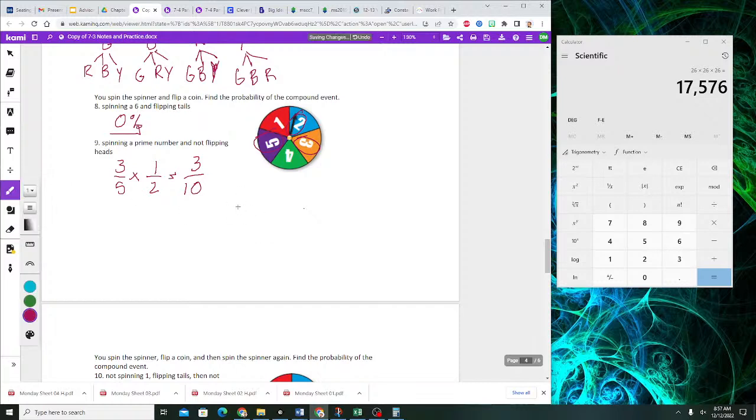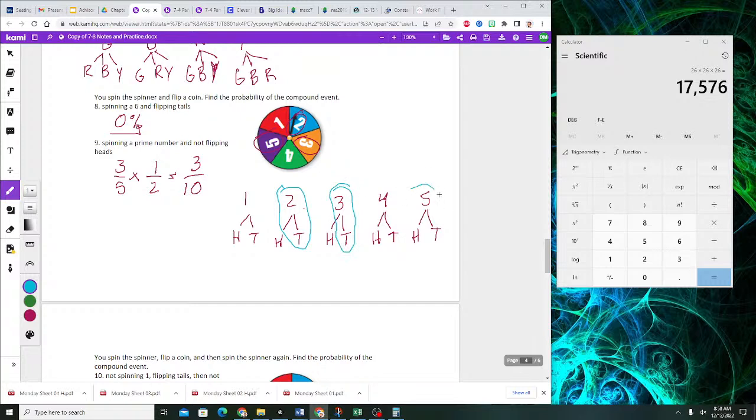The whole tree would be 1, 2, 3, 4, 5, and then heads, tails for each one. There's my sample space. And if I look at this, I want the ones that are prime and not flipping heads. So that's this one, and this one, and so we can see that that's 3 out of 10 possible ways.